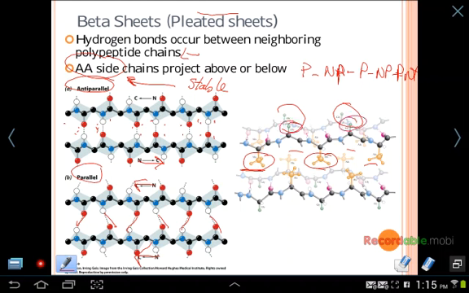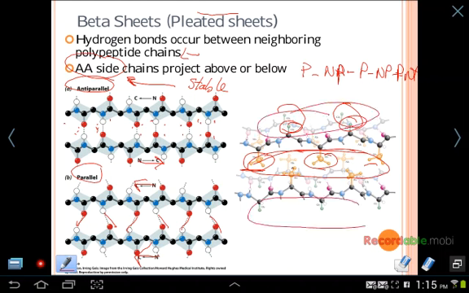So now you can have two pleated sheets, both with hydrophobic faces, forming face to face with each other, and then their hydrophilic faces are on the outside, sort of just like a membrane, right? Like a plasma membrane, where you have your fatty acid tails on the inside facing each other, creating that nice hydrophobic interface, and then your hydrophilic head groups on the outside interacting with water.